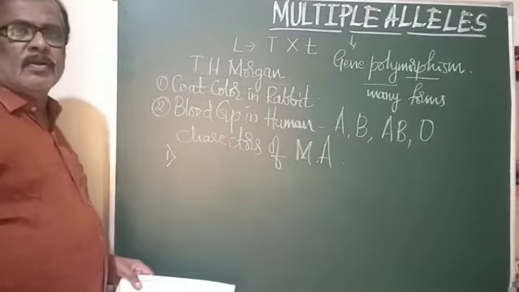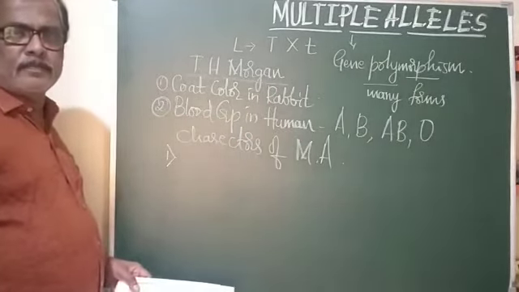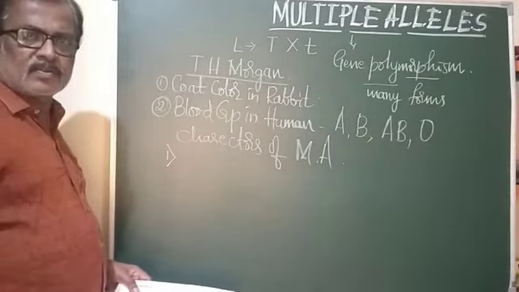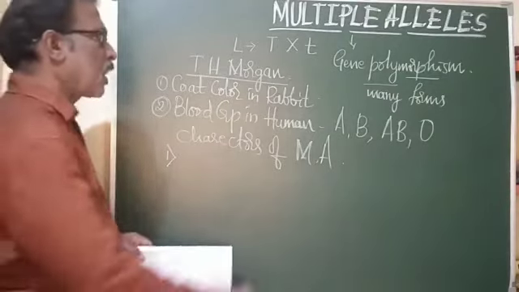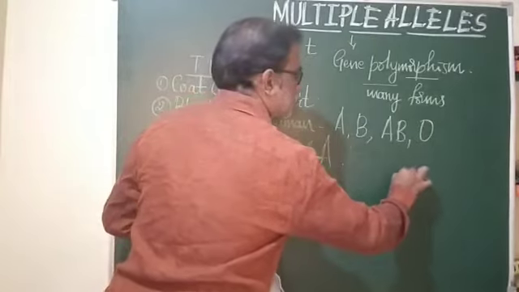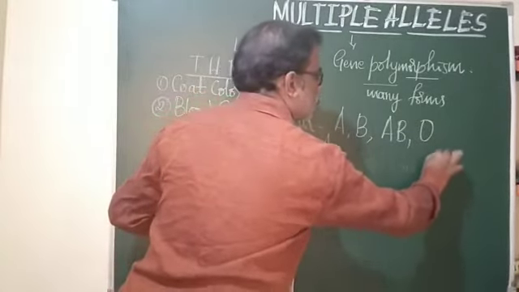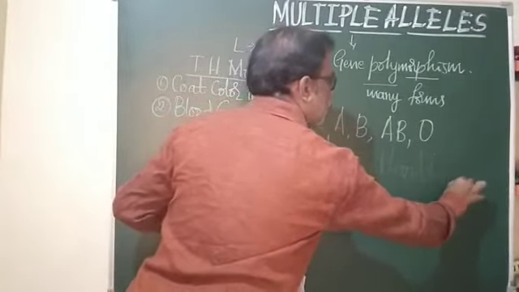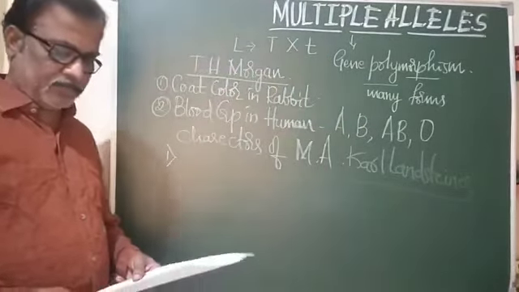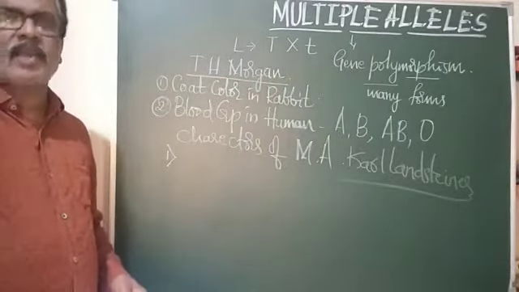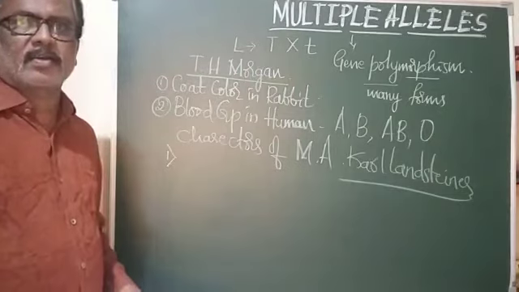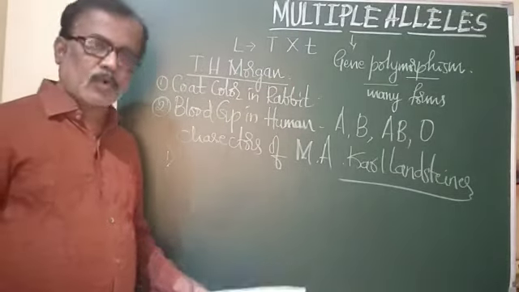But the ABO system of blood grouping was first introduced by Karl Landsteiner in the year 1906, and he was awarded the Nobel Prize for his work in the year 1930.